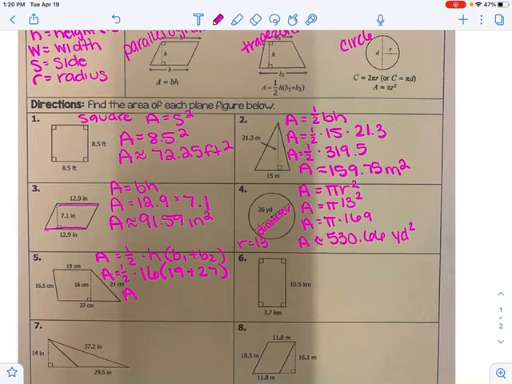So area will be equal to 1/2 times 16, which is being multiplied to 46. So area is equal to 1/2 times 736. And I'm going to go to the left with the answer. Half of 736 is equal to 368. In this case, centimeters squared.